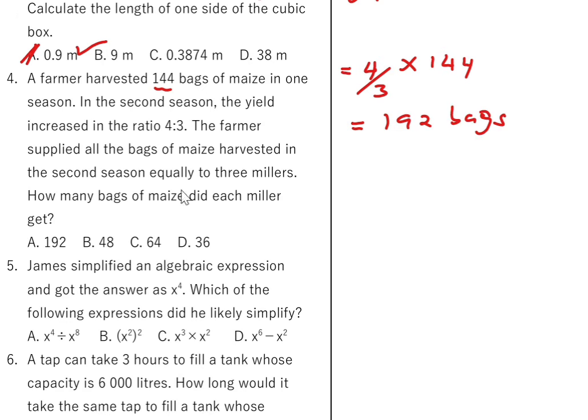But remember, the answer is not A. Remember, he shared equally to 3 millers. So to share means we divide by 3. So we divide by 3 to get the amount of bags each miller received. So 182 divided by 3 and see the answer is 64 bags. And therefore, the answer is C, 64 bags. Number 5.